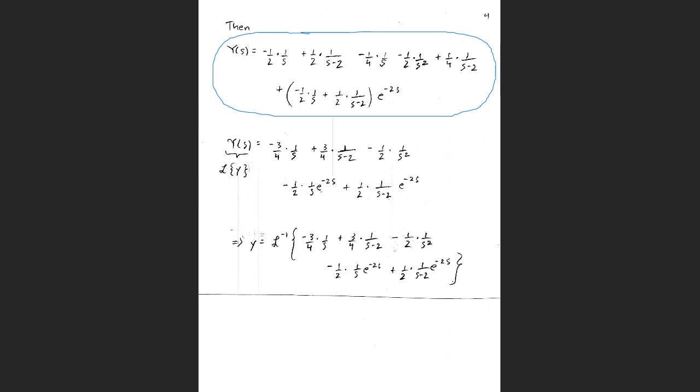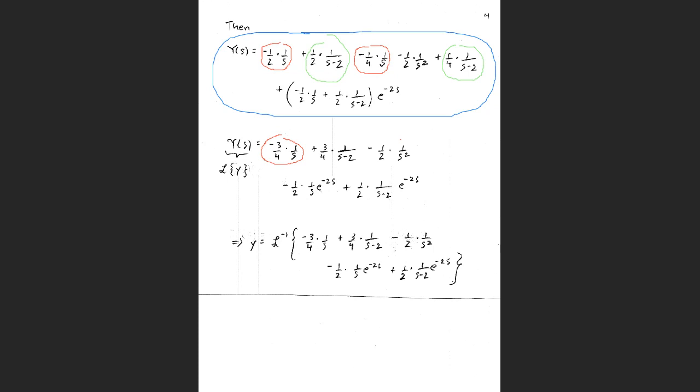And I recognize that we have some terms in common here. We have negative 1/2 times 1 over s, and negative 1/4 times 1 over s. That's going to equal negative 3/4 times 1 over s. And let's see here. I also have 1/2 times 1 over s minus 2 plus 1/4 times 1 over s minus 2.